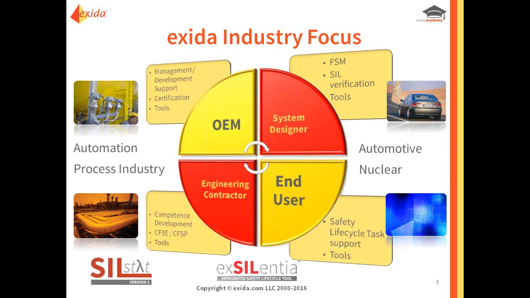Exida is involved with the complete supply chain of functional safety in multiple industry sectors, from the original equipment manufacturers who require this product certification all the way to the other side, which is the manufacturer's customers, the end users, that actually use the products. Exida provides software tools, training, consulting, and procedures related to functional safety, to security, and also reliability.